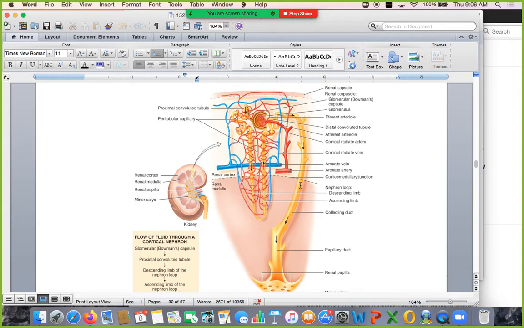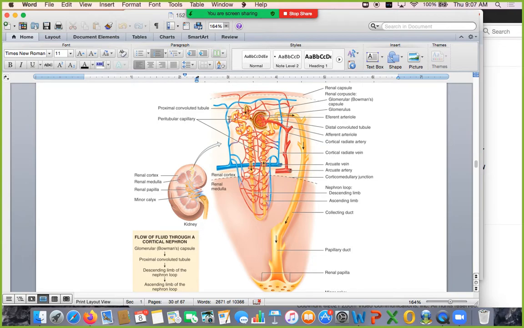So this is everything that we're seeing here. First, we're going to have the blood filtered into this region here, which is a glomerulus, or Bowman's capsule. The glomerulus would be the side that has the blood supply. We have filtration occurring across there. We'll talk about how that works in just a second. But basically, it's going to get caught in this capsule and then enter into the proximal convoluted tubules. Remember, we've got capillaries everywhere, so we've got peritubular capillaries that wrap around this whole thing.